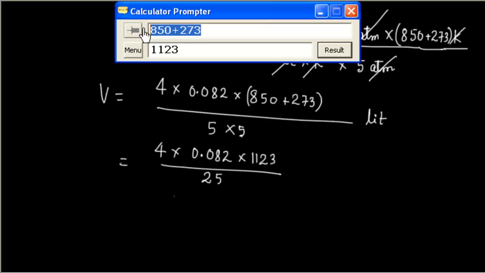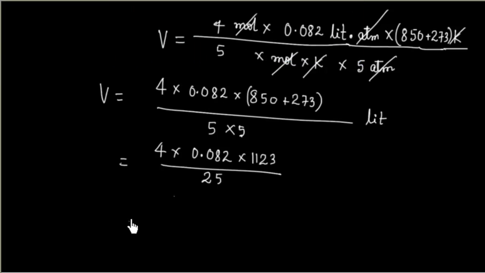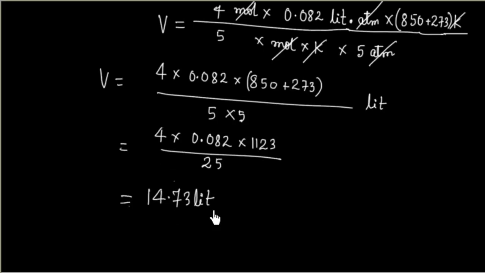So we have 4 multiplied by 0.082, multiplied by 323, and divided by 25. So we have volume is 14.73 liter, or approximately we can call this around 14.8 liter.